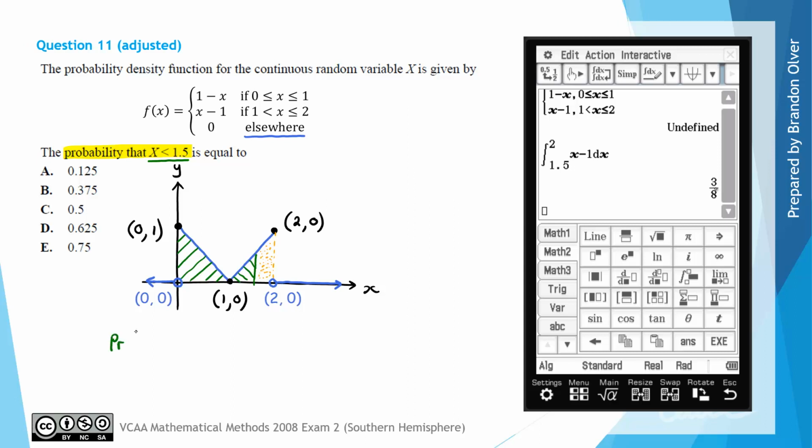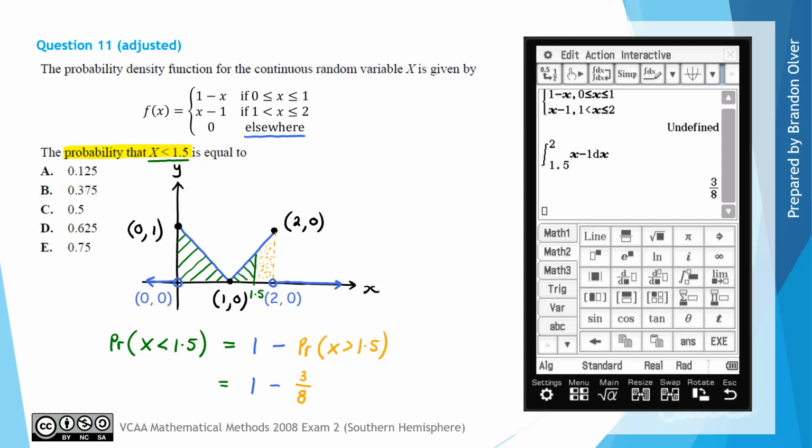So the probability that x is less than 1.5 is equal to the total area under a probability density function, which is 1, minus the probability that x was greater than 1.5, which we dotted in orange above. So this is going to equal 1 minus, and the calculator told us that the region to the right hand side of 1.5 gave a value of 3/8.